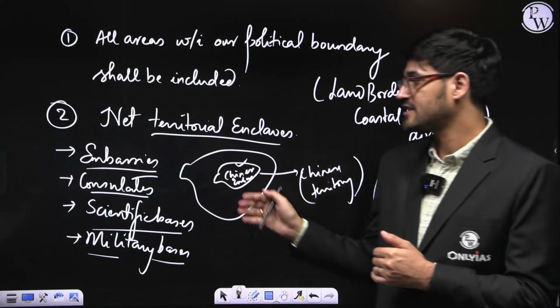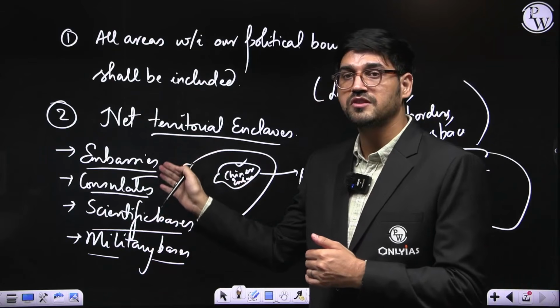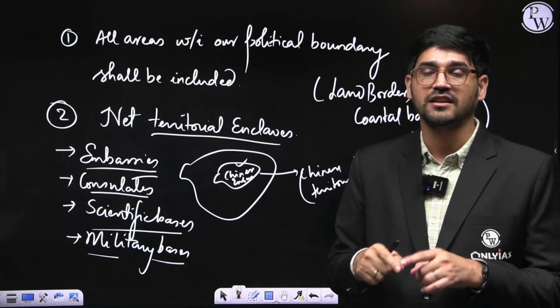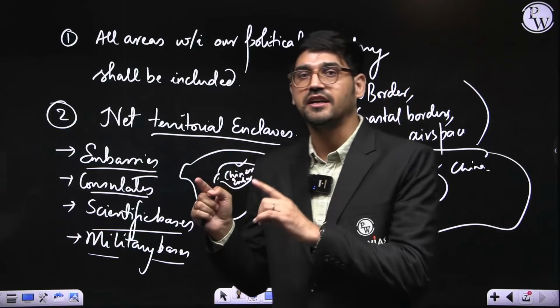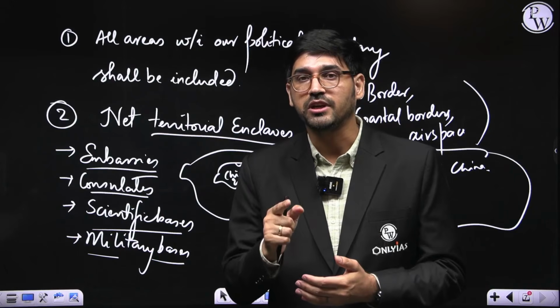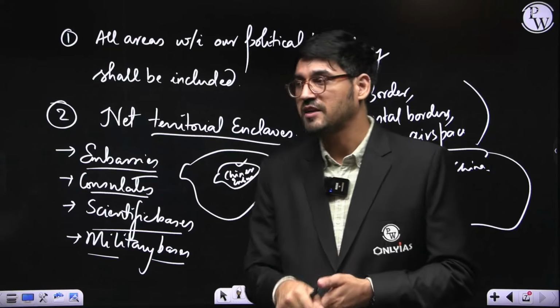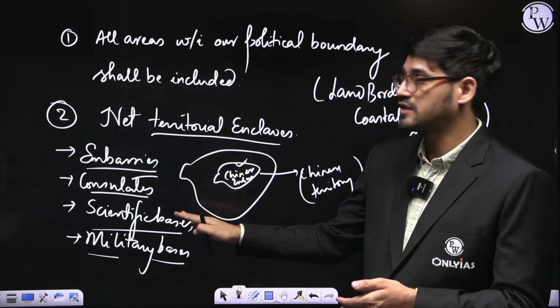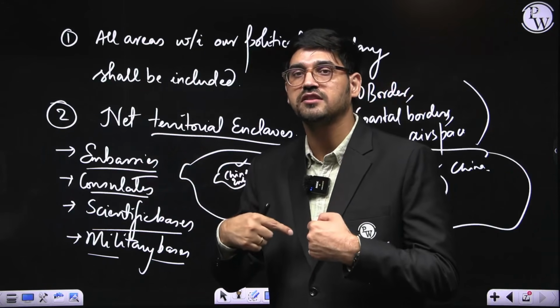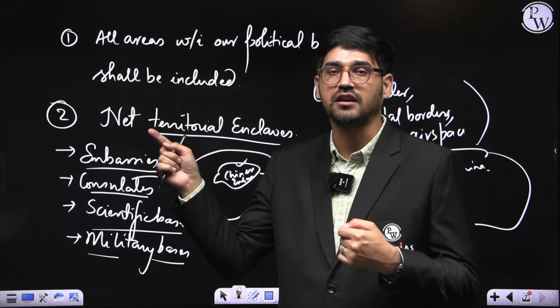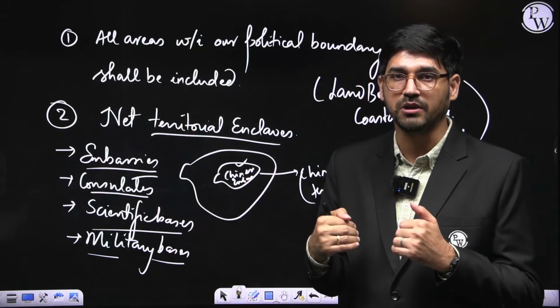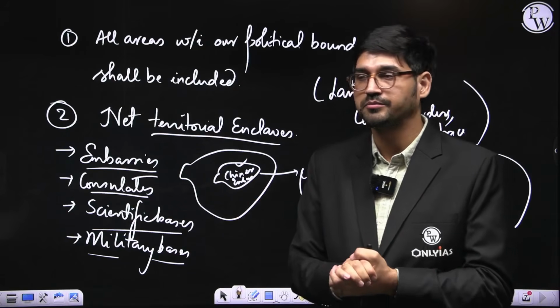Similarly, other countries' scientific base or military base or embassy or consulate in India, that territory we will consider their territory within India. Since GDP is a territorial concept, any final good or service produced in what we consider our territories in other countries shall count towards our GDP and vice versa.